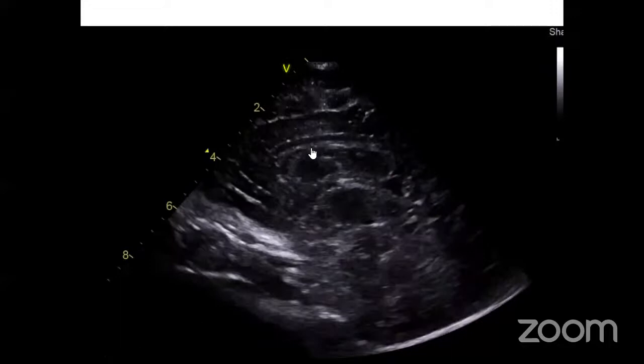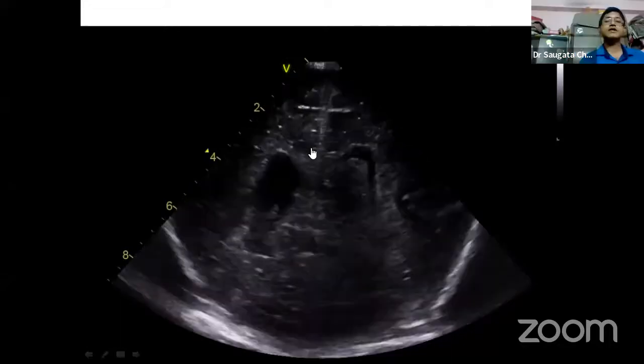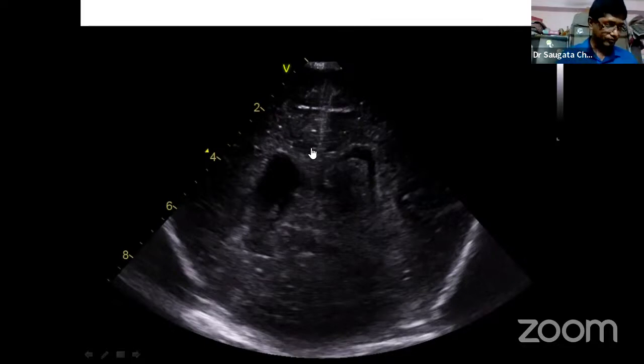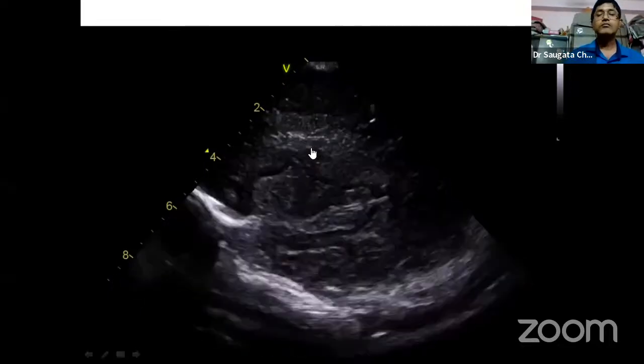Maximum answered grade 2. What is grade 2? You are seeing here there is ventricular dilatation. So if there is ventricular dilatation, it is grade 3.